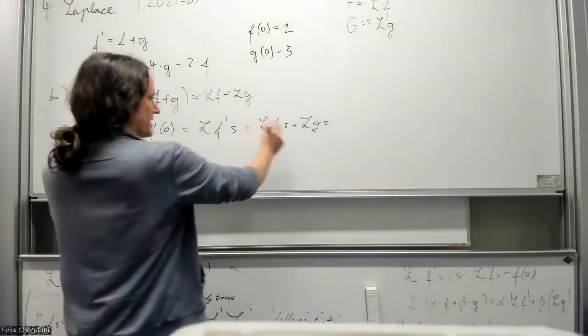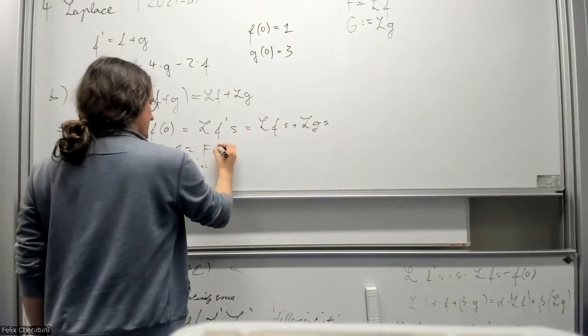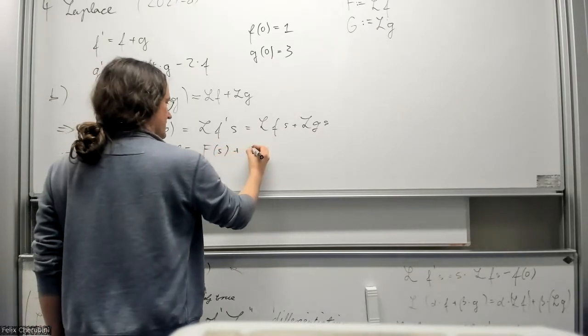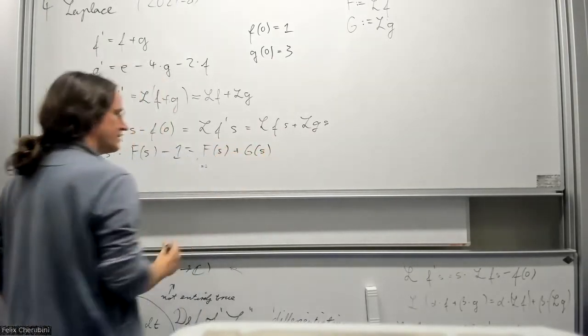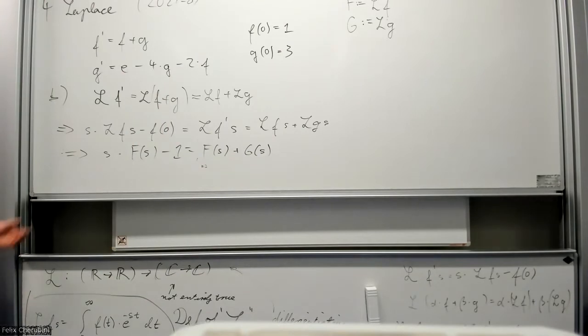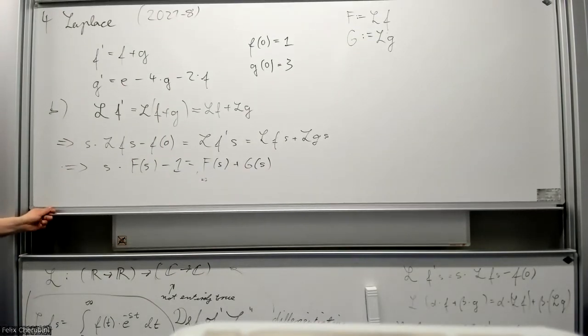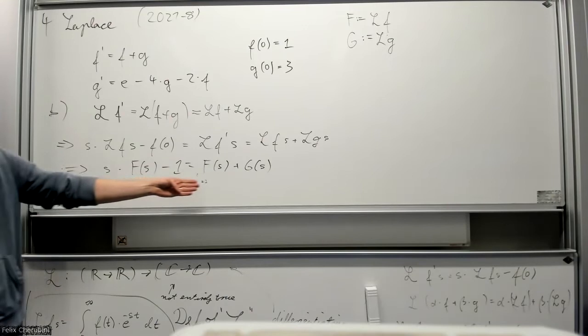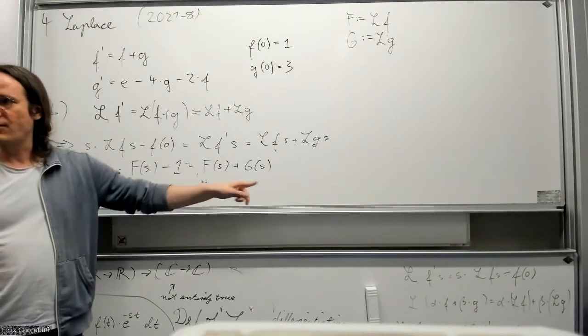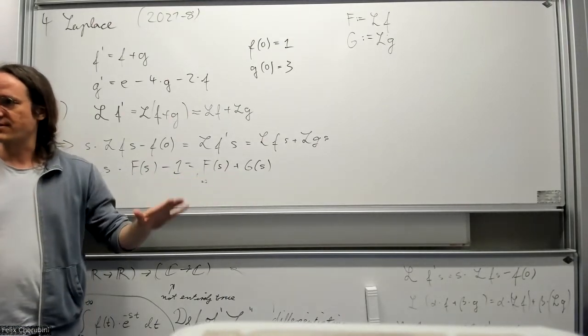So that's minus 1, and we use this side here, so that's F of s plus G of s. Okay, so that's a nice simple equation, and there are only two functions, no derivatives.